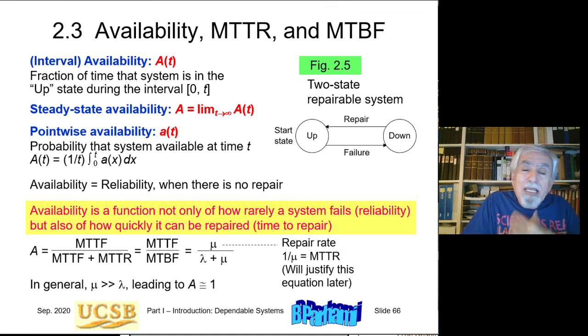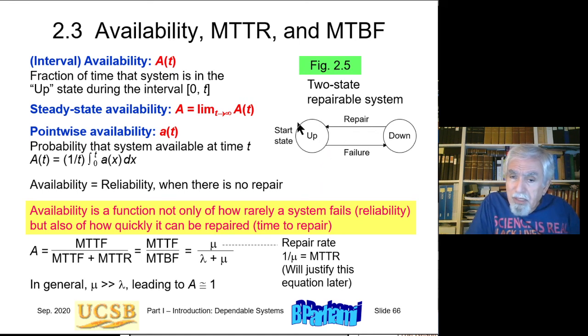The second concept: reliability, I mentioned, is the most important notion in today's lecture. Availability is probably the second most important notion. So what is availability? This is for repairable systems.